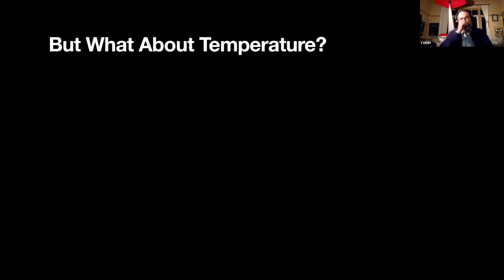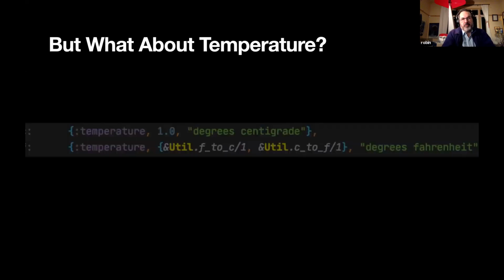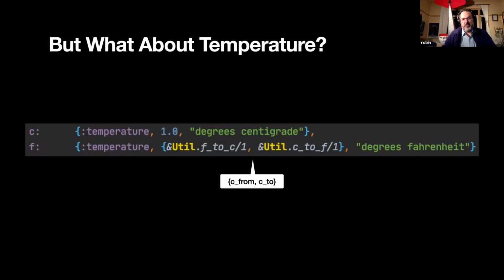But what about something like temperature? Because if you're going between Celsius and Fahrenheit, you can't actually do that because there's an offset. The zeros aren't the same, you can't just scale them. And so in our little lookup table, we have little cheat functions where if you're in a weird measurement like Fahrenheit, which doesn't scale, we have to add 32 to it or whatever to get it to line up with centigrade.